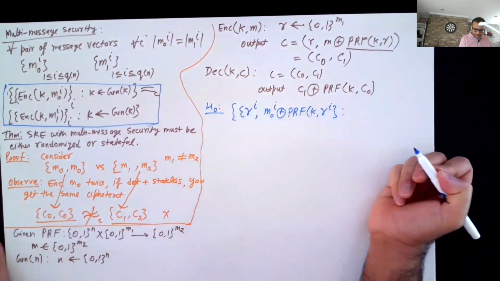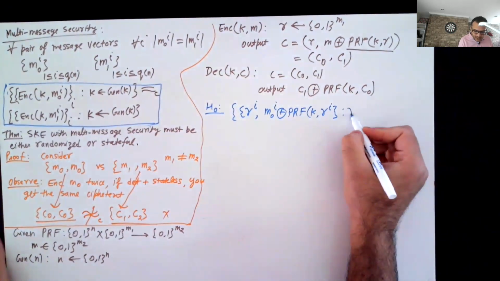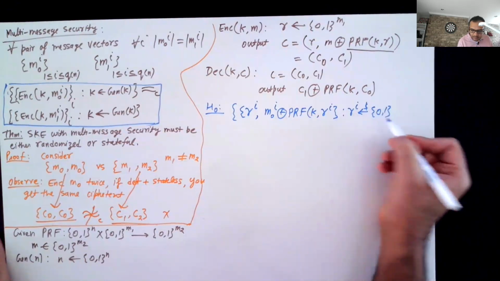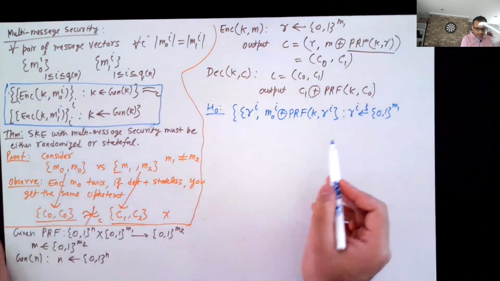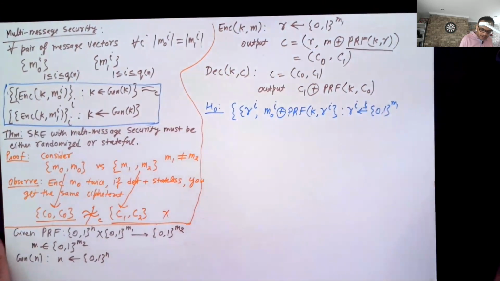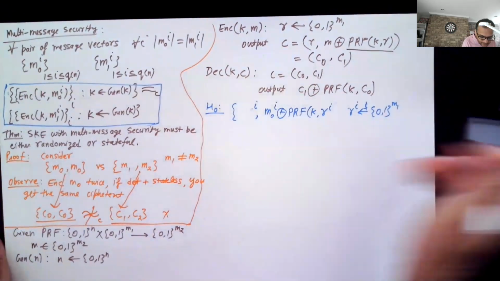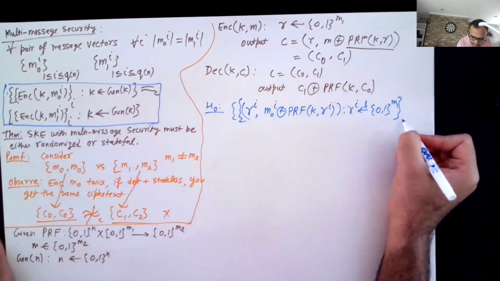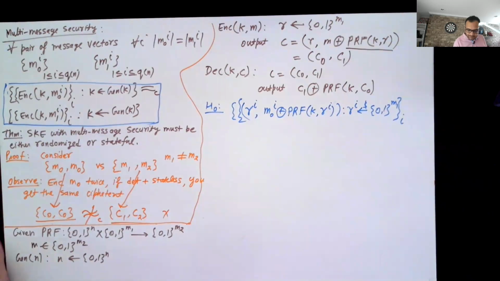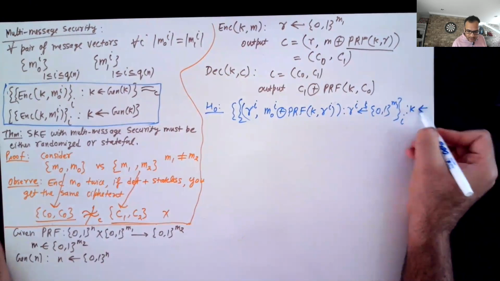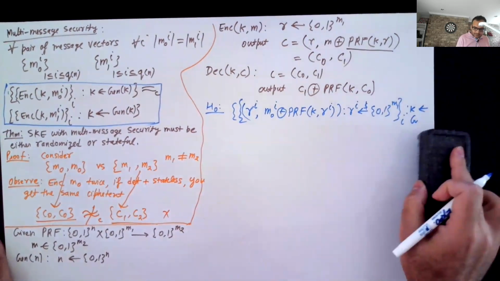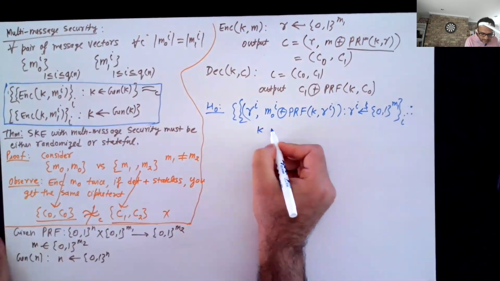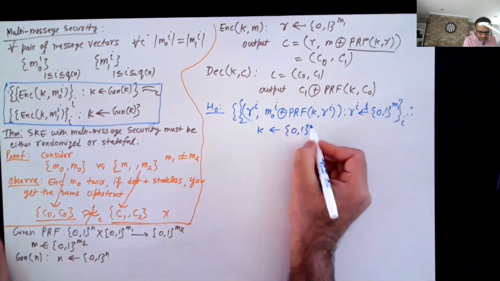And here Ri is chosen at random from {0,1}^m1, and key is generated uniformly from {0,1}^n.